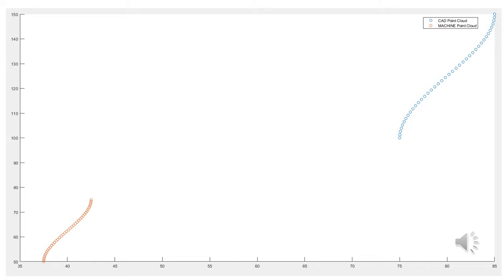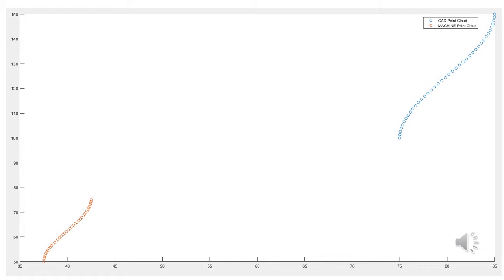Now using MATLAB, we plotted the data that we saw in the previous slide, and we used a scatter plot. As you can see on the slide, on the right hand side, the blue data points are the CAD points, the data points that we picked from NX CAD. And on the left hand side are the data points that we got from the machine directly.